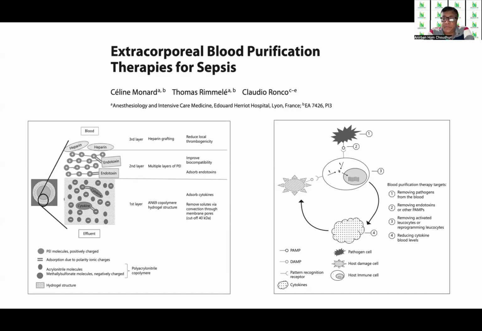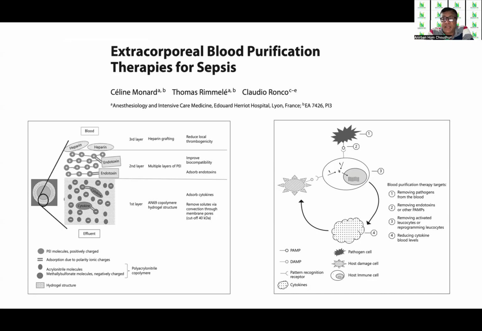If you see the basic processes of blood purification therapy, then we have to understand the targets. The targets are to remove the pathogens from the blood, remove endotoxins or other pathogen-associated patterns, then remove activated leukocytes or reprogram leukocytes, and reduce the cytokine blood levels.